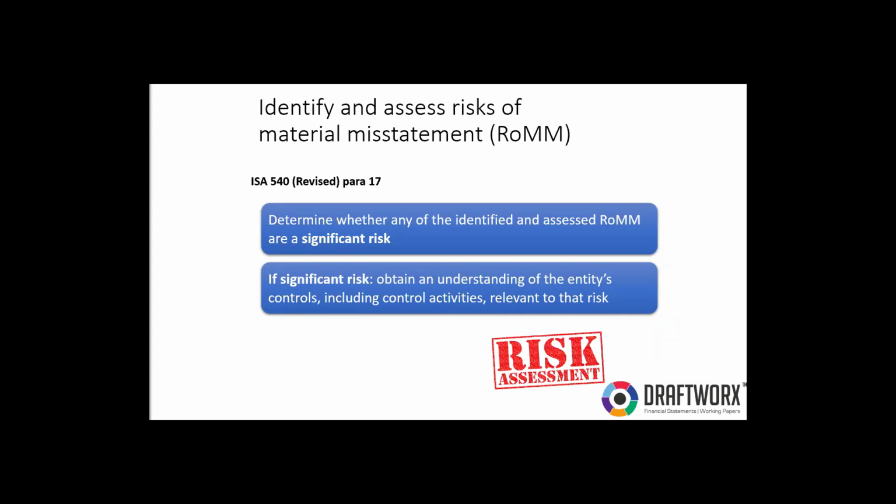That same principle remains, that if you've identified a risk as significant, you must obtain an understanding of controls surrounding that significant risk to see what would your approach be in terms of that? How does it impact your approach and your response to that significant risk? All right, so the same counts here for the auditing of accounting estimates.